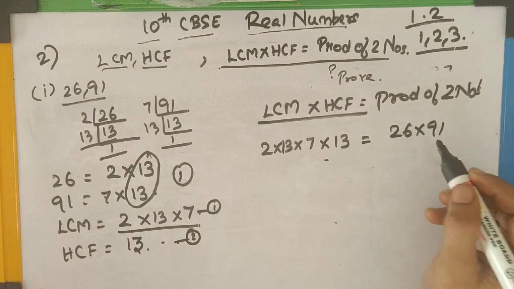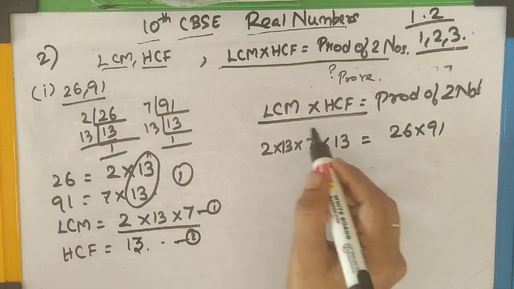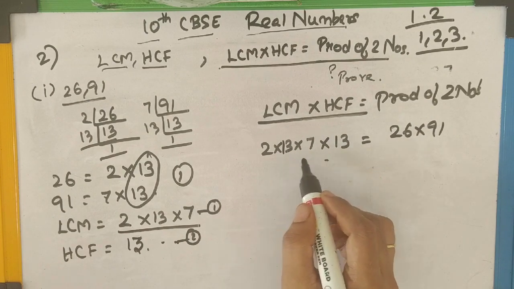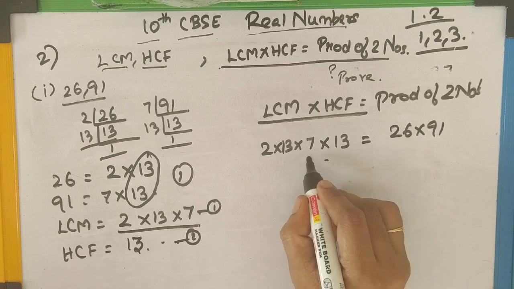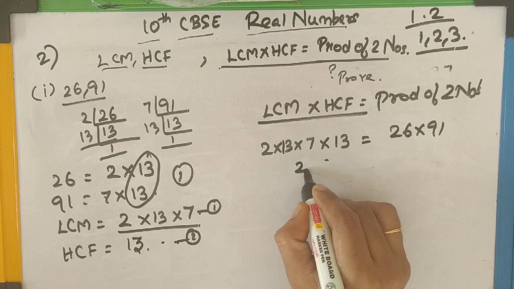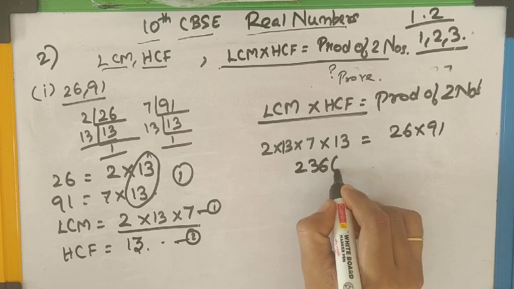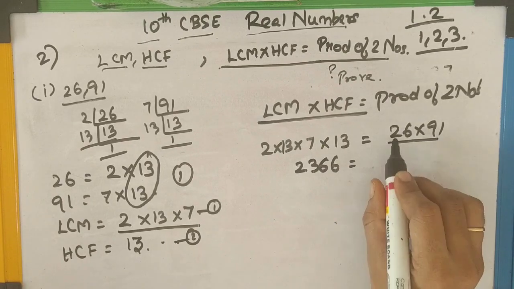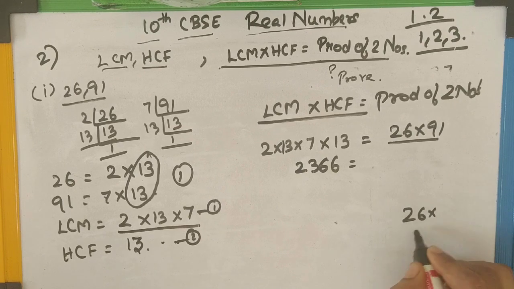What is that? 26 into 91. Okay. So, LCM into HCF, when I did all the multiplication, I got 2 into 13 into 7 into 13 is equal to 2366. Now, I am going to do the multiplication for 26 and 91.